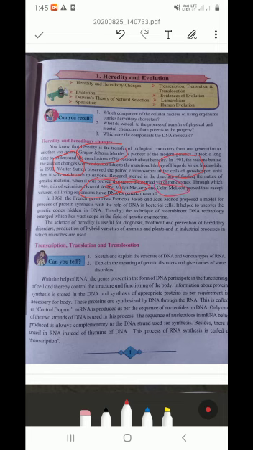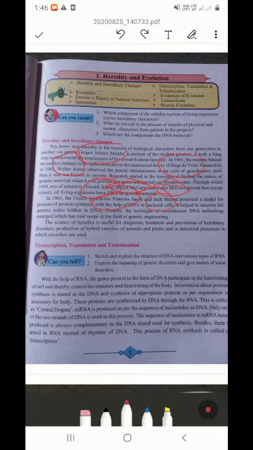Then in 1961, two scientists, Francois Jacob and Jacques Monod, proved that the process of protein synthesis is done with the help of DNA in bacterial cells. They proposed a model of protein synthesis with the help of DNA in bacterial cells. We will study protein synthesis here, and it is the most important process in our body.